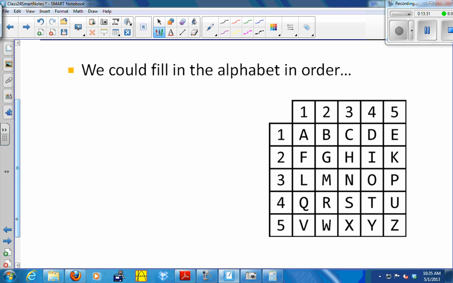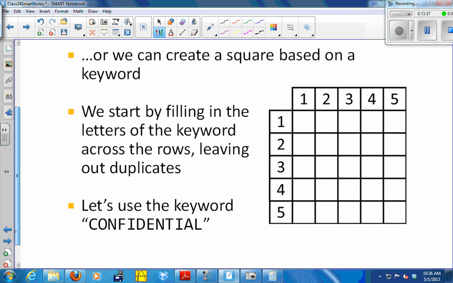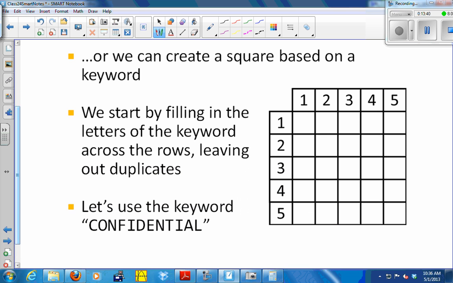So we can put the alphabet in order like that, or we could start with a keyword. We can start by filling in the letters of the keyword, and then any remaining letters from the alphabet afterwards. So let's say my keyword is confidential. I start by writing out confidential.